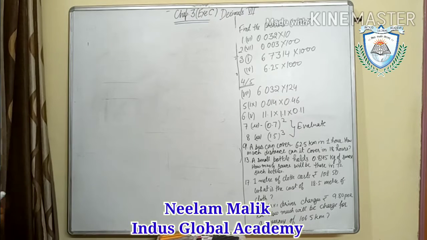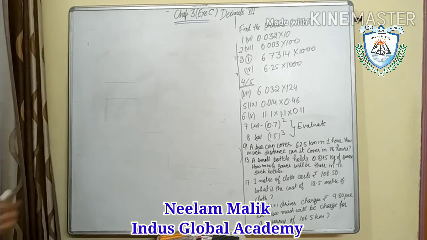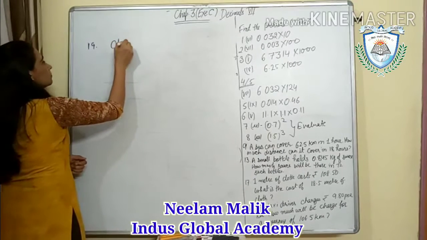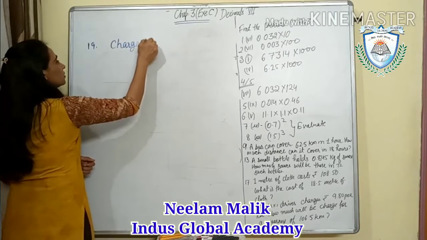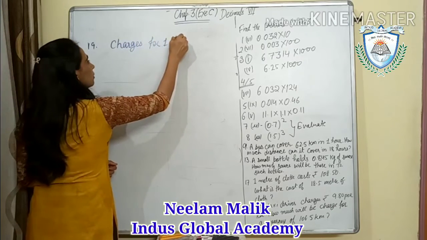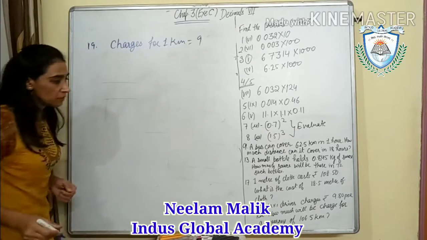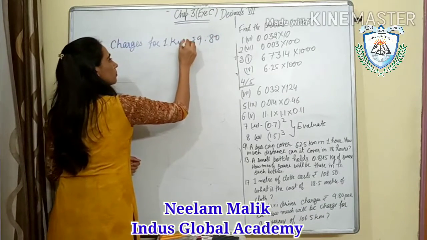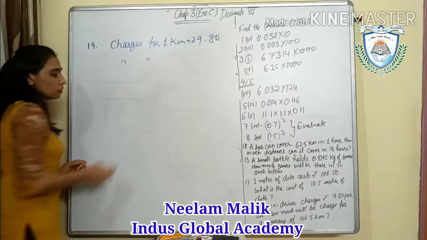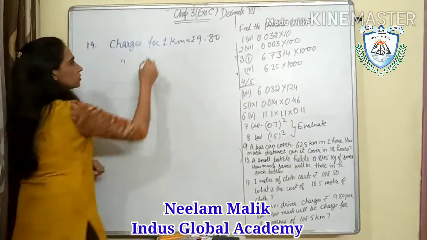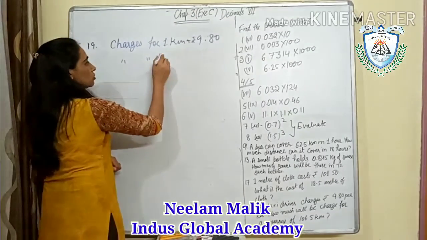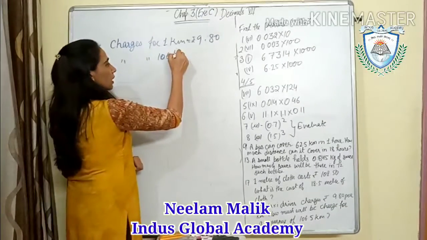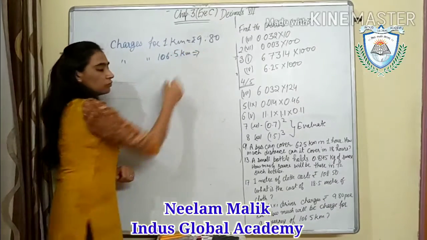So you can say charges for 1 kilometer is 9 rupees 80 paisa. This is in rupees. Now the charges for how many kilometers? 106.5 kilometer. So that will be more.